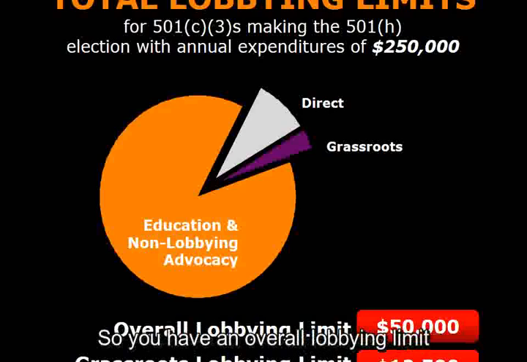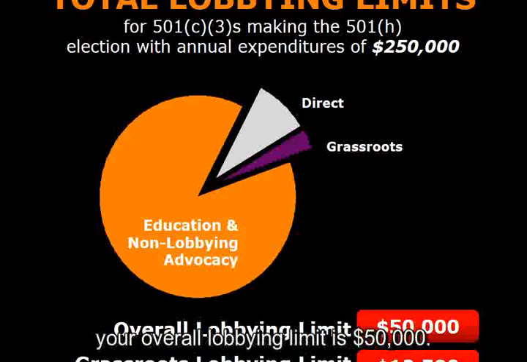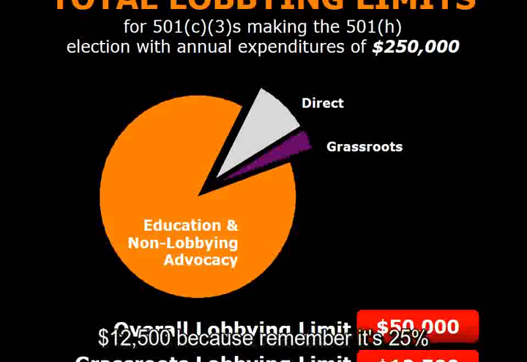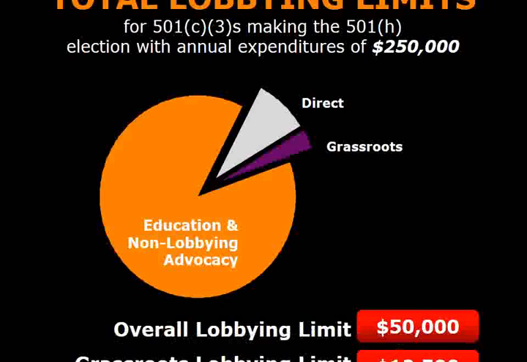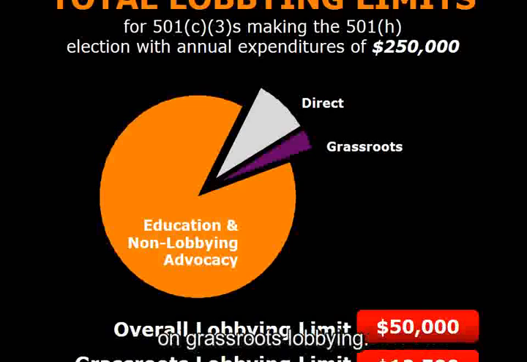And so you have an overall lobbying limit for an organization with annual expenditures of $250,000. Your overall lobbying limit is $50,000. So that's quite a bit, right? Now your grassroots lobbying limit is $12,500 because remember, it's 25% of that $50,000. It's 25% of your overall lobbying. So you could spend $12,500 of that $50,000 on grassroots lobbying.